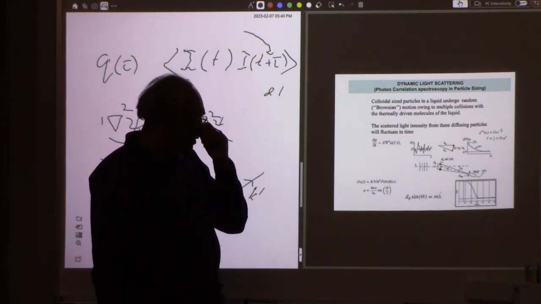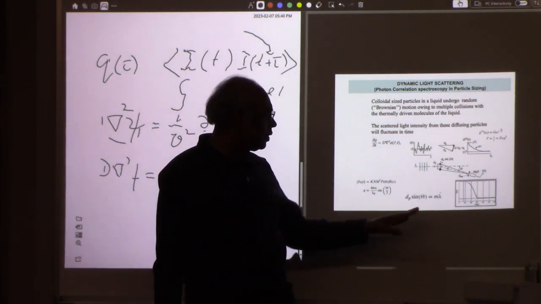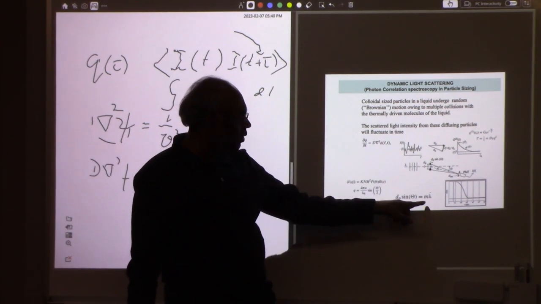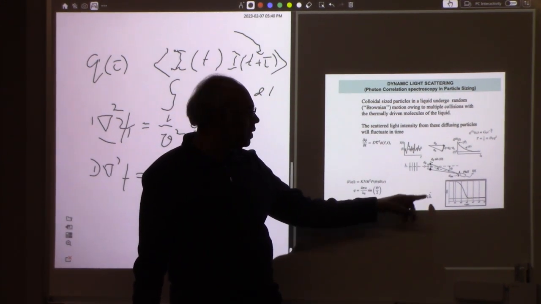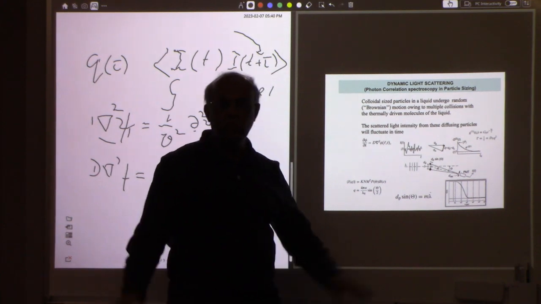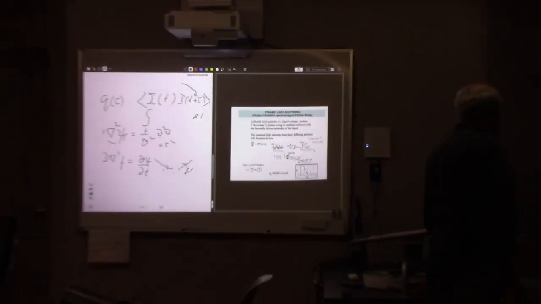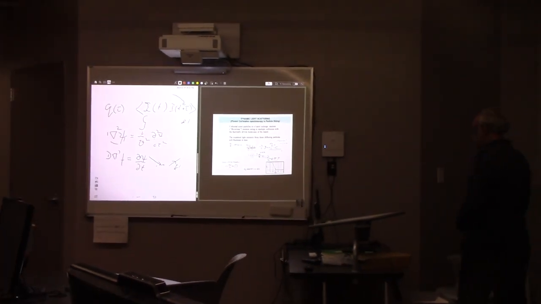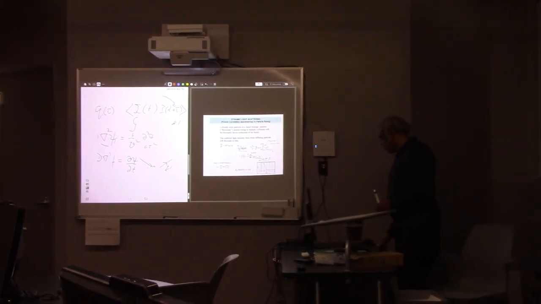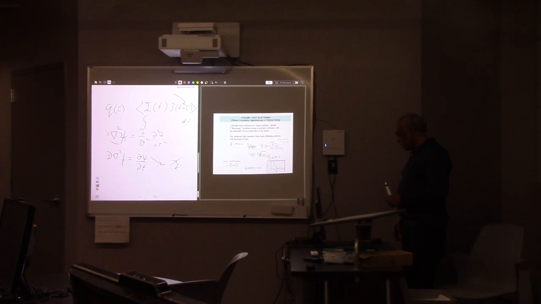But we know for constructive interference you need to have this relationship. From there you can get the particle distribution. You will learn this in the class. It's a very easy experiment, but very useful if you want to look at particles. Once you run this experiment, the computer will give you a histogram. It will tell you, okay, this many 10 nanometer particles, this is the particle size distribution.